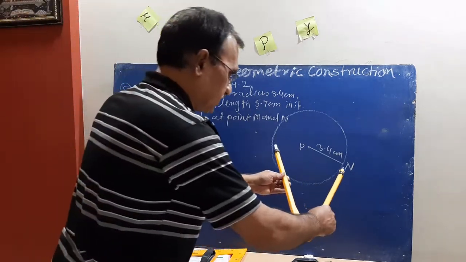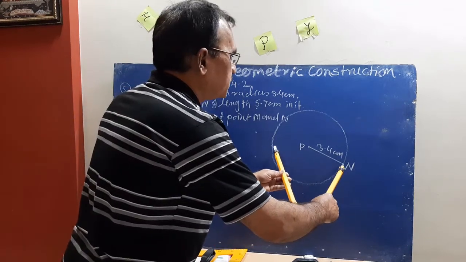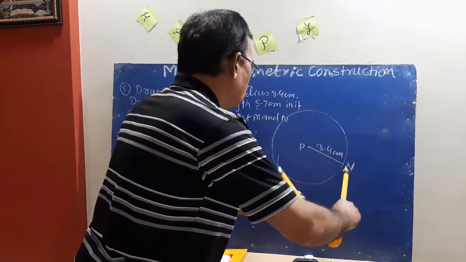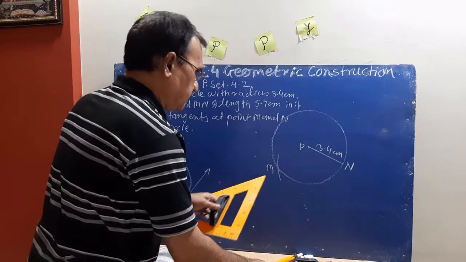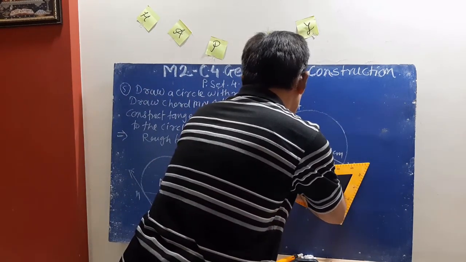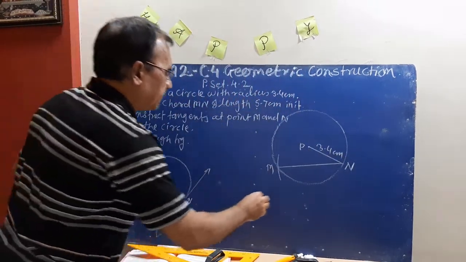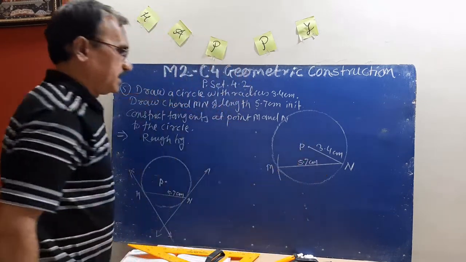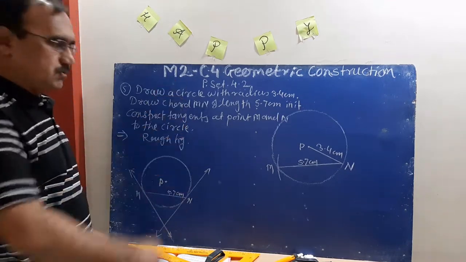Put the pointer here, take 5.7 first, then put the pointer on this point N, and here is point M, and this is the chord. This is the chord having length 5.7 cm. Don't forget name and measurement in constructions and measures also.